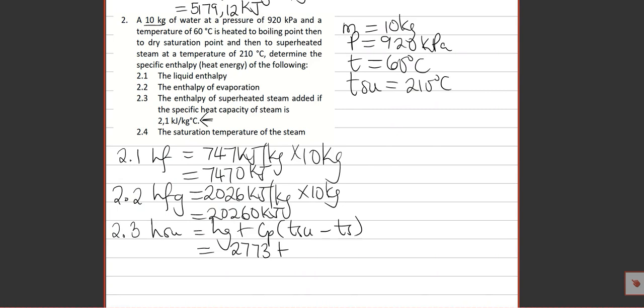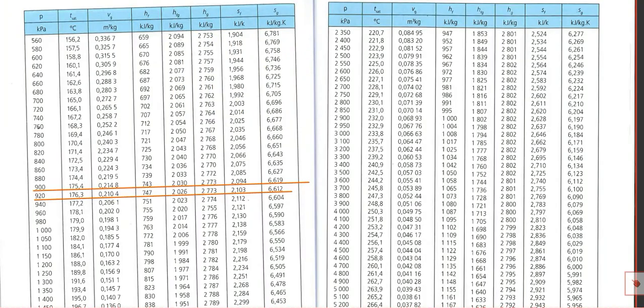They gave us a specific heat capacity here. Our Cp value, which is 2,1 kilojoules. You don't need to convert this because all your other enthalpy values are already in kilojoules. So there's a consistency of SI units. Your TSU, we have 210 minus our TS, the saturated temperature. Saturated temperature, we can find it from the steam table. We have 176,3.